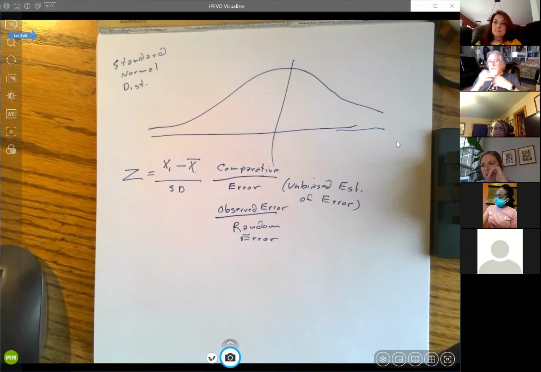And so it's always this idea that we're making comparisons between what we'd expect purely by chance, what we would expect if there were nothing going on, that's the random error, and what we have actually observed in terms of difference between groups or difference between an individual and a group. Z-scores make it kind of easy.